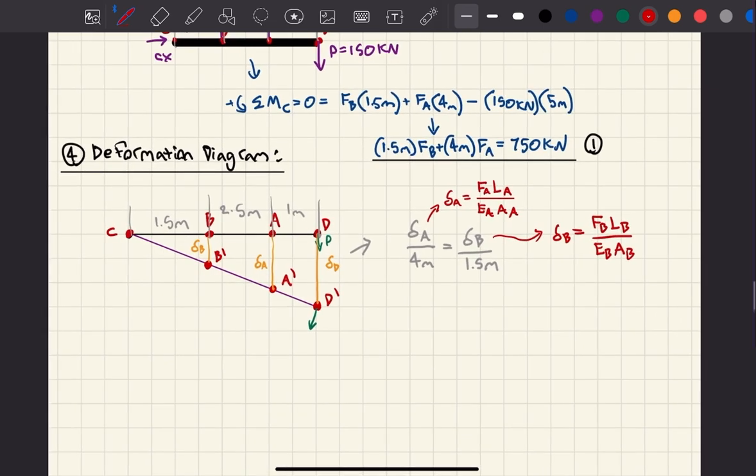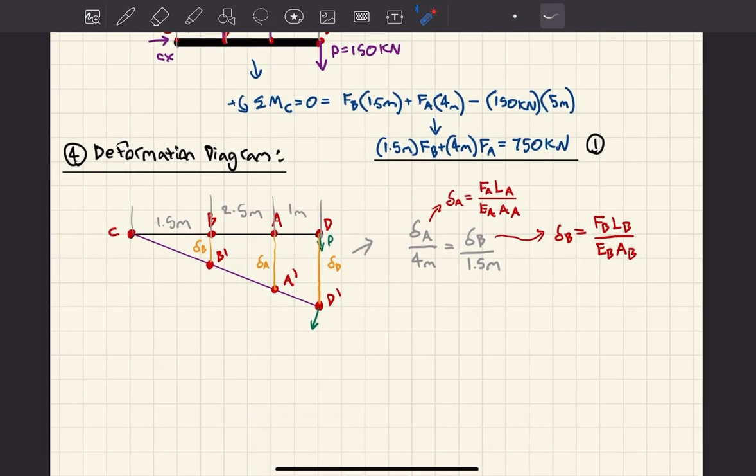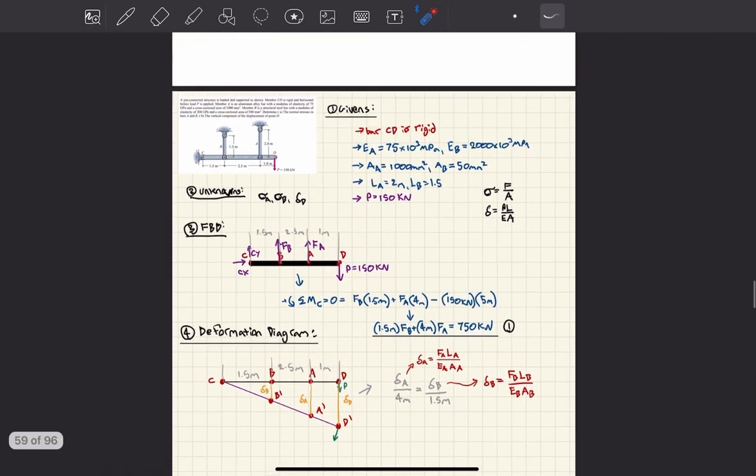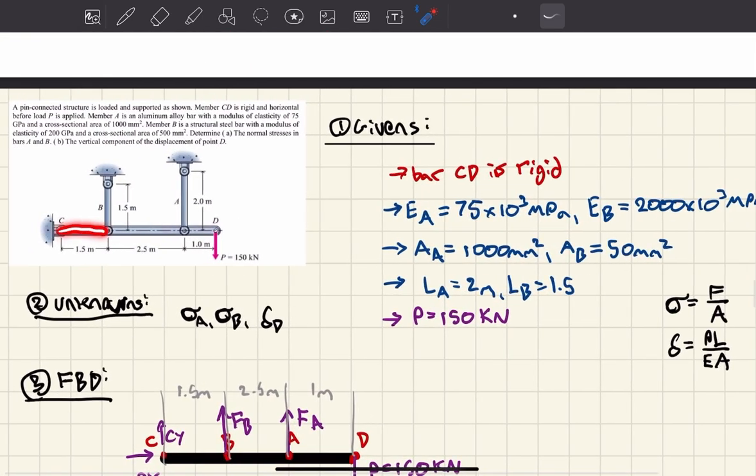And there is one thing that, I'm sorry if it was confusing, I may have explained this wrong, or I wasn't clear when I explained this. When I say the deformation of B, I don't physically mean the point, because I hope you see that once this bar goes down, the deformation of point B, let's say, for example, this bar does this, right? Let's say I am right when I say that this is the displacement of point B, but I hope you understand that attached to point B is this bar as well, right?